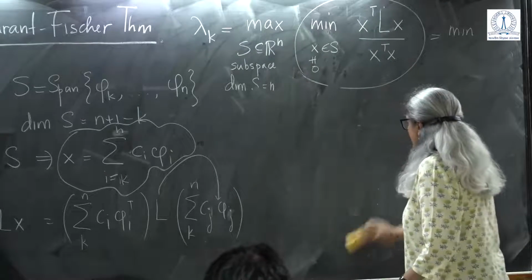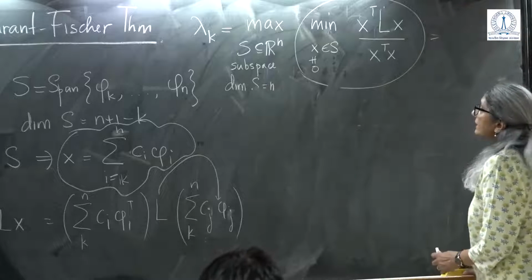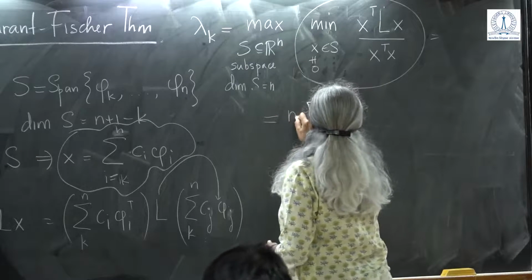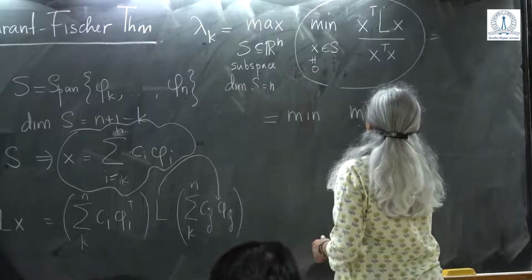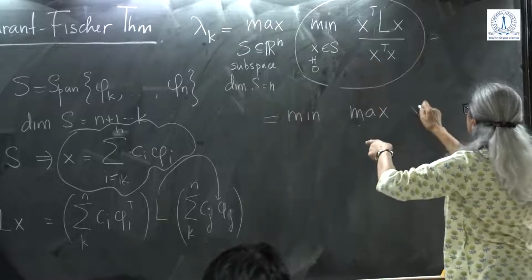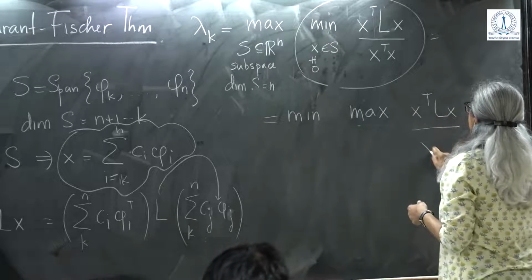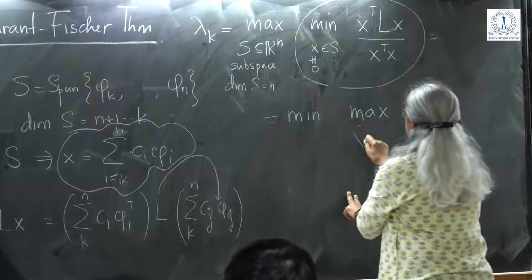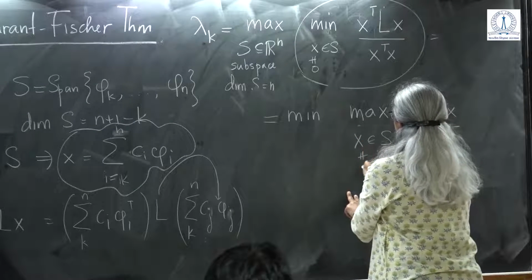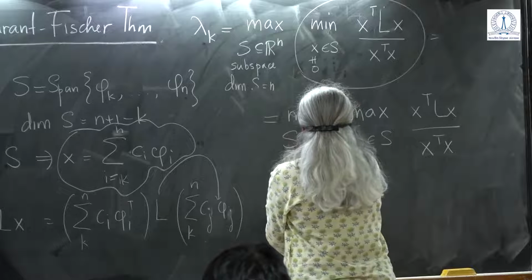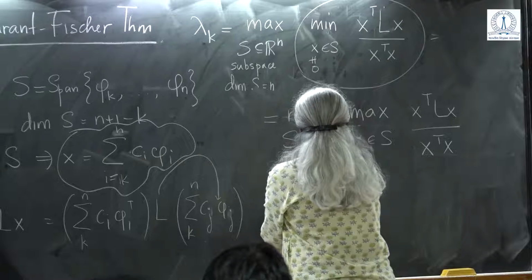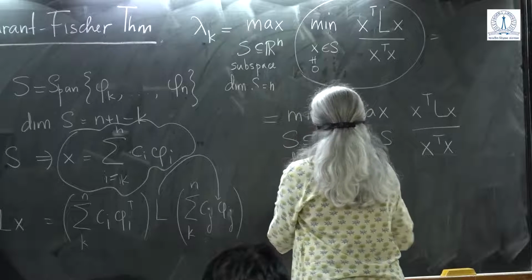So the other expression, which is also equally useful, is that lambda k is also the min of the max. So you switch the max and min, Rayleigh quotient. And then this is x in S, not 0, and this is S in Rn. And now this time the dimension of S is just k.